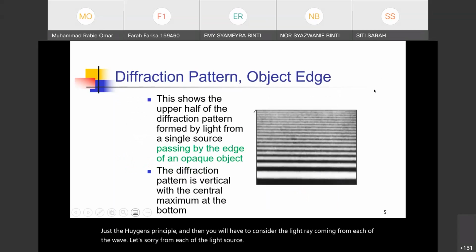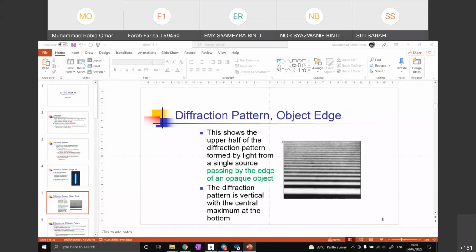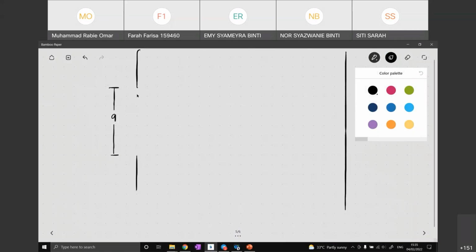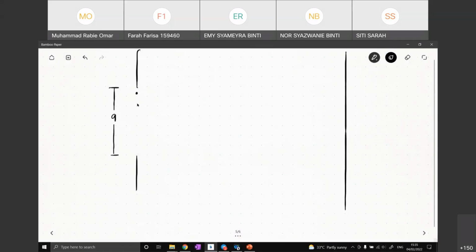For example, now I'm going back to my drawing. Let's assume that this is the light source. And then I have another one over here, and over here, over here, and over here. But in reality, you have many points.